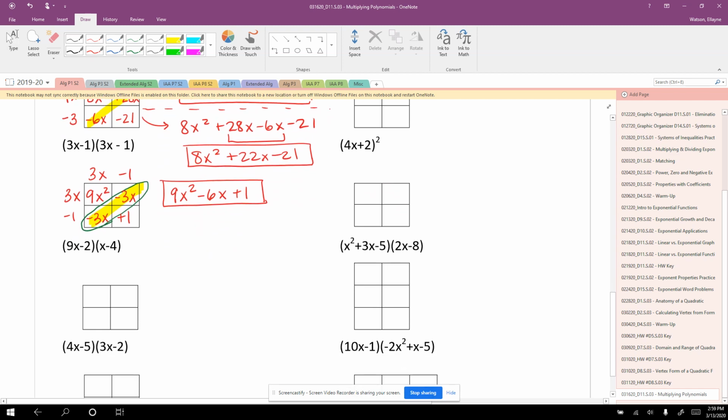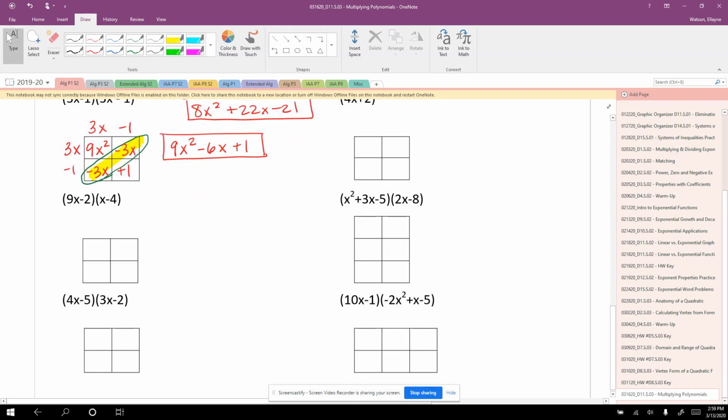Okay, let's keep going. Now, I'm going to show you that, again, it doesn't matter which one you write down the left side and which one you write on top. So I'm going to just switch it for you here so that you recognize that even if you write it different from the way I wrote it or the person sitting next to you, you're still going to get the same answer.